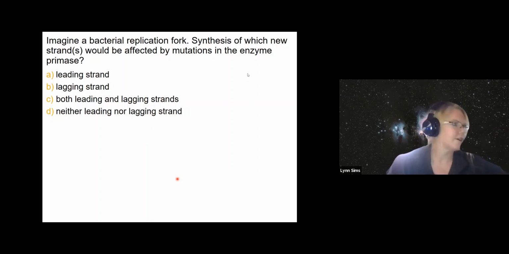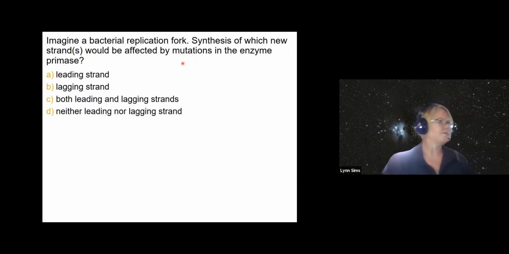All right, so I have a poll here for you. You want to think about the function of primase and what part of DNA synthesis would be affected if the primase was mutated so it's not functional anymore.